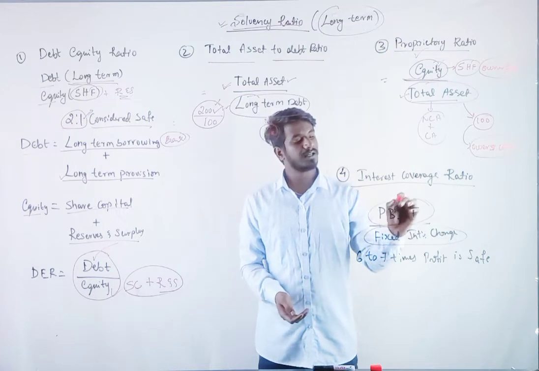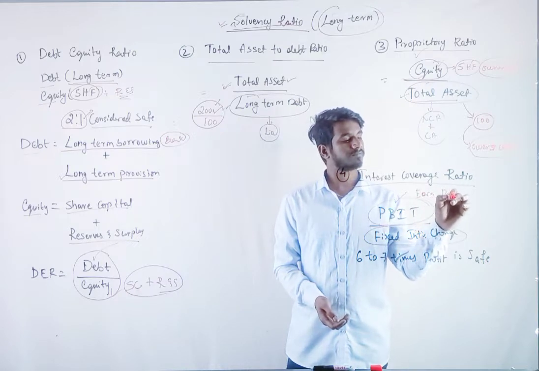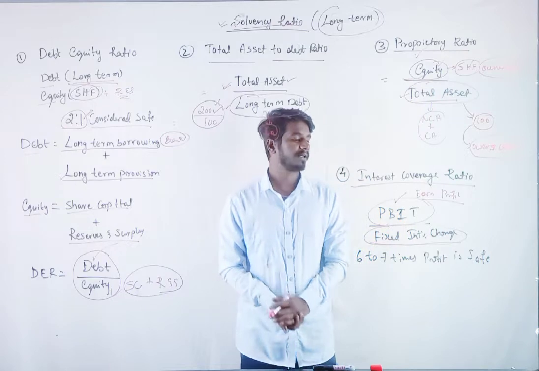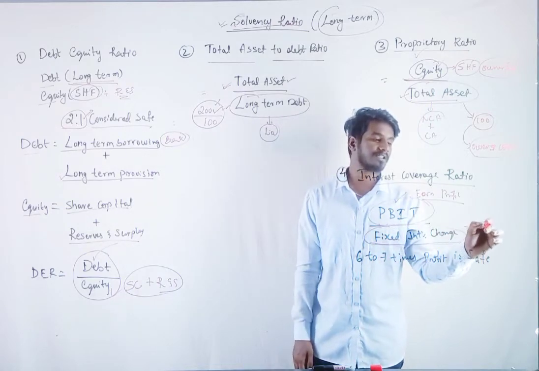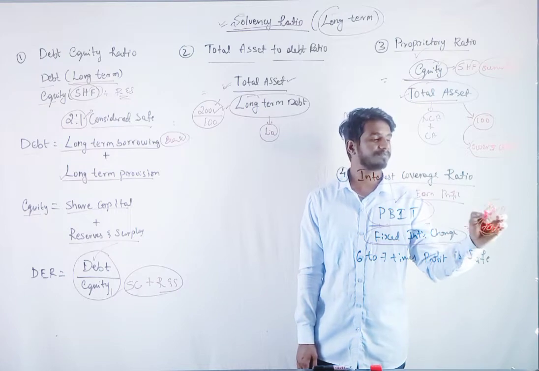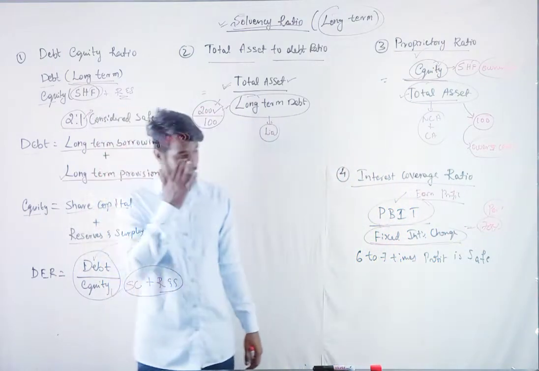How much profit we earn and how much we are paying as interest. It basically comes as a percentage. Yes, the four things we have understood.